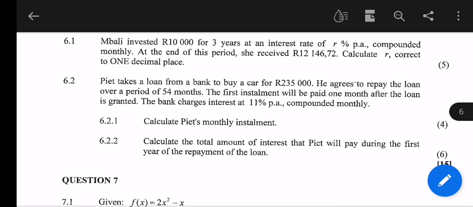Say I take a loan today, 1st of February, I start paying the first installment at the end of the month, 28th of February. The bank charges interest at 11% per annum compounded monthly. Calculate Pete's monthly installment.